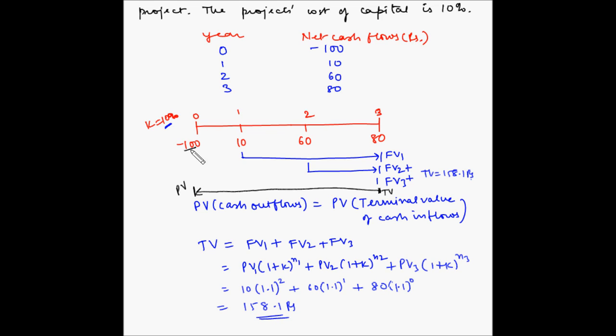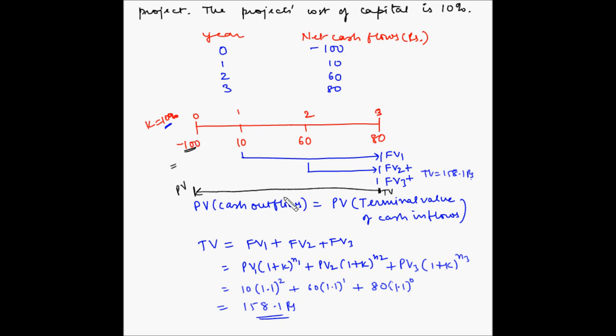And this present value of cash outflows will be equal to the present value of this terminal value of cash inflows at the MIRR. Or in other words, the rate at which the present value of cash outflows is equal to the present value of the terminal value of cash inflows is the MIRR.